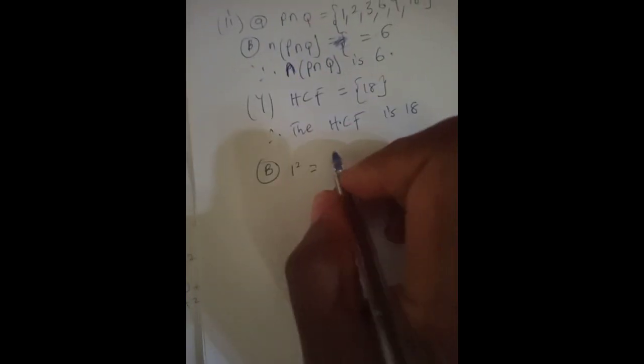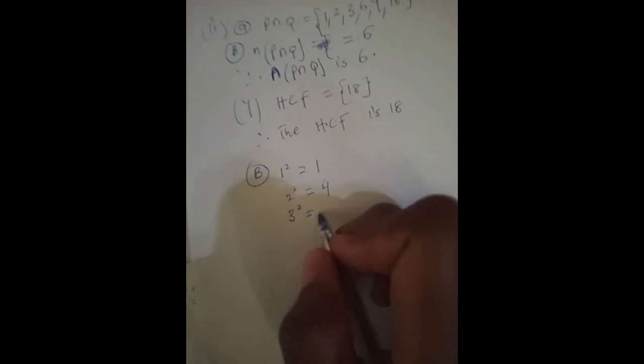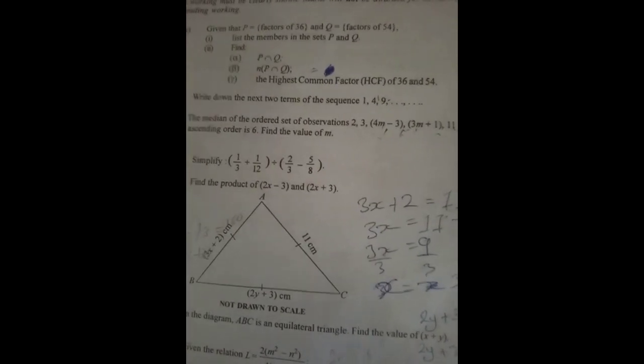The trend is that when you square 1, you get 1. When we square 2, we get 4. When we square 3, we get 9. So how do you find the next two terms? We just continue with that.